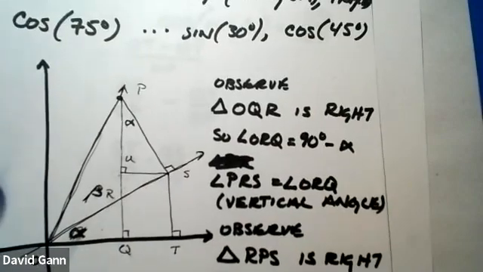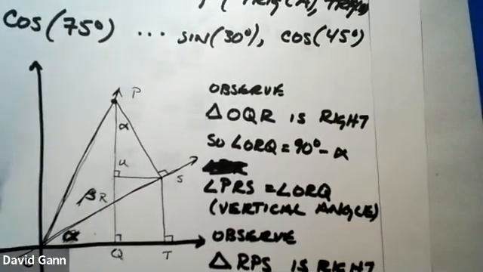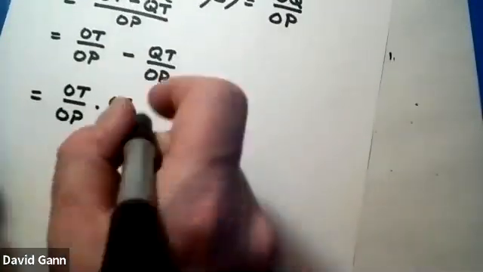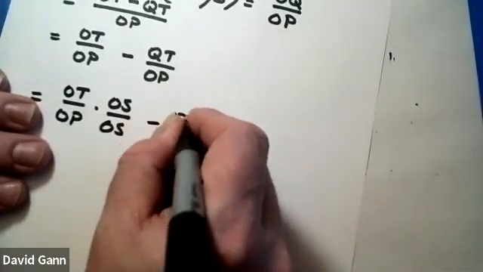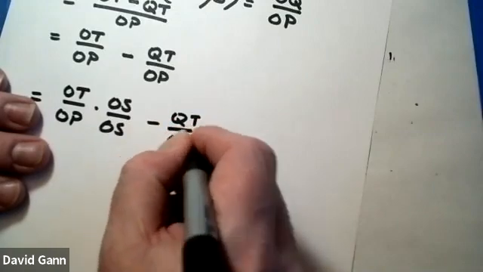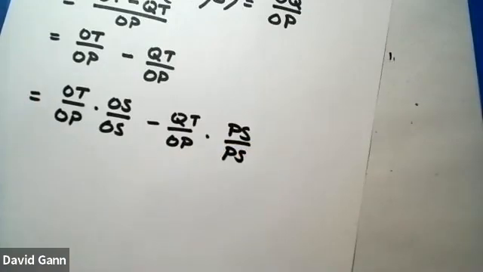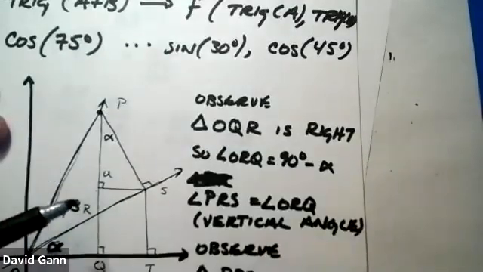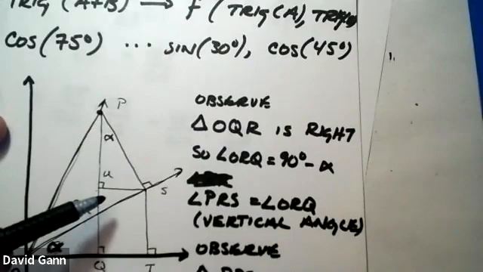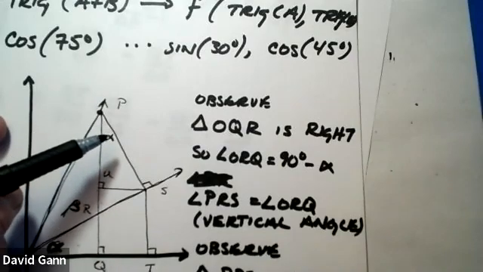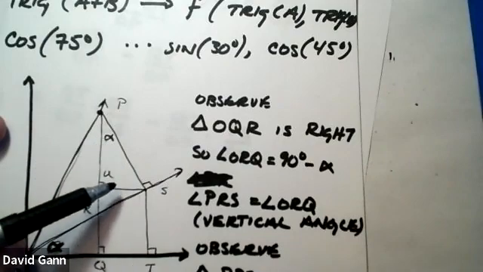For the second term, I'm going to multiply by PS. So I've got QT over OP times PS. And notice PS is not the hypotenuse, but it's one of the legs of this right triangle.